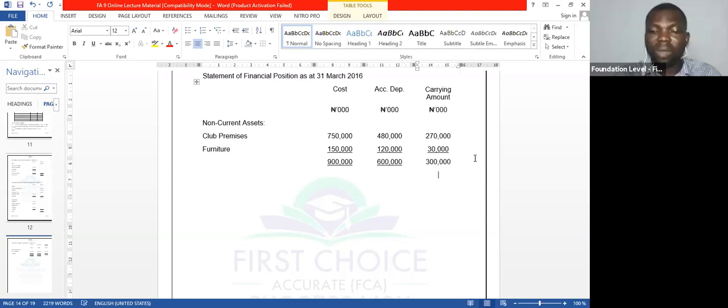Now, once we have that, we can move to the other section and do our current assets. What are the current assets that we have? We have inventory. You can call it inventory, but just know that you write the correct thing.